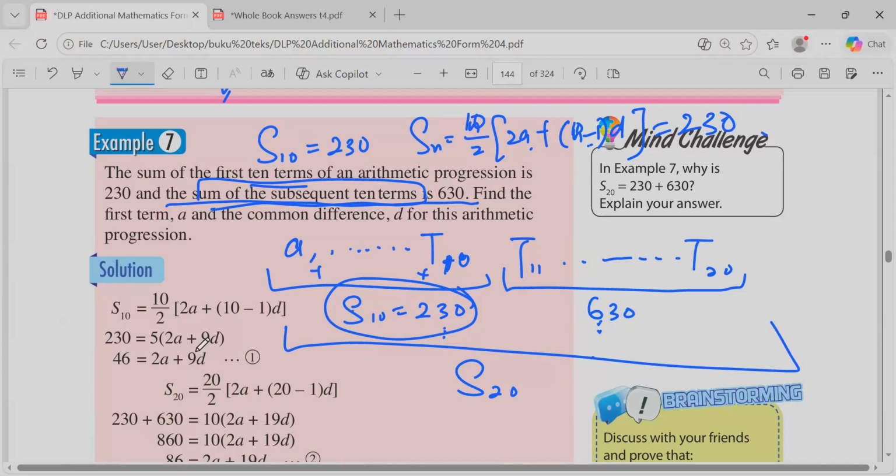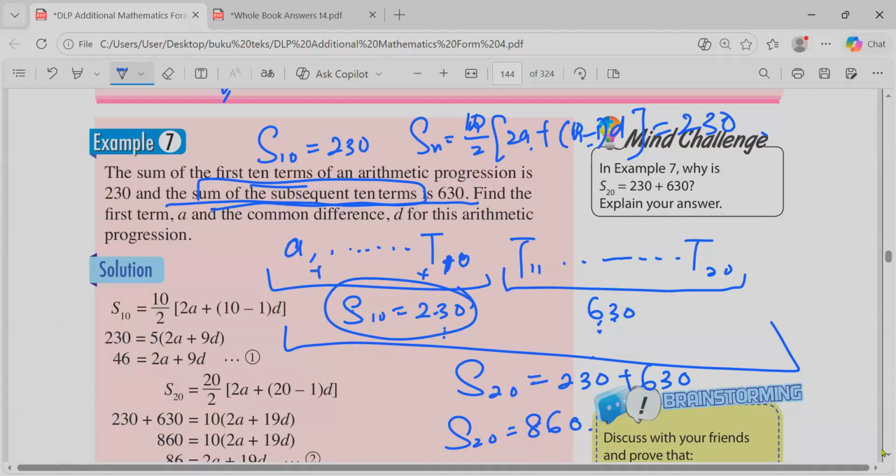Okay, the second thing: this one plus this one equal to S20. So 230 plus 630 is S20. So S20 is equal to 860.